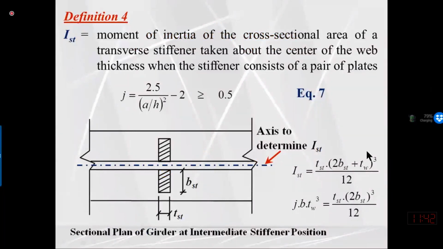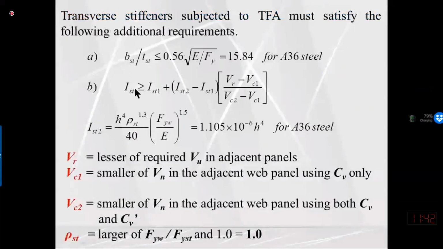So we are ignoring the thickness of the web. If this side is more, we don't need to revise the size of the stiffener. But if this portion is lesser than the Ist value, we need to determine it.